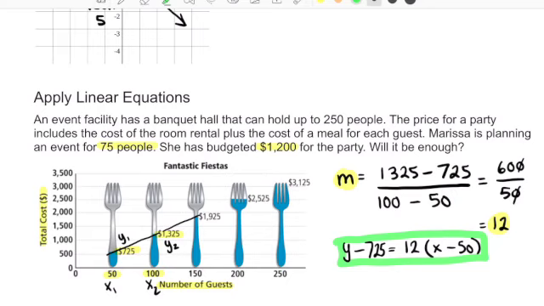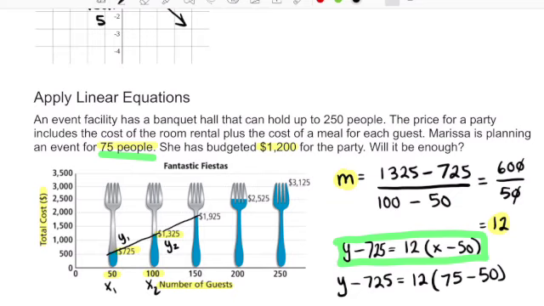We can figure out how much it will cost for 75 people. And the way that we do that is we will put 75 into this formula for x. So watch this. y minus 725 equals 12, parentheses, x is going to be 75 minus 50, because 75 is how many people she wants to invite to the banquet.